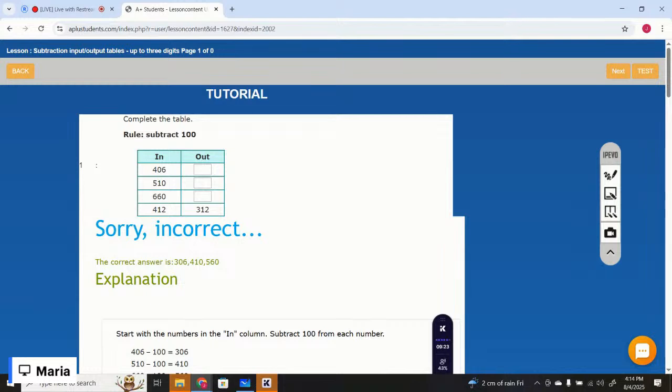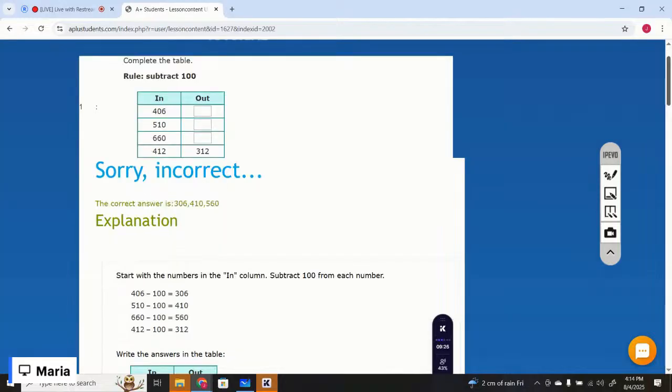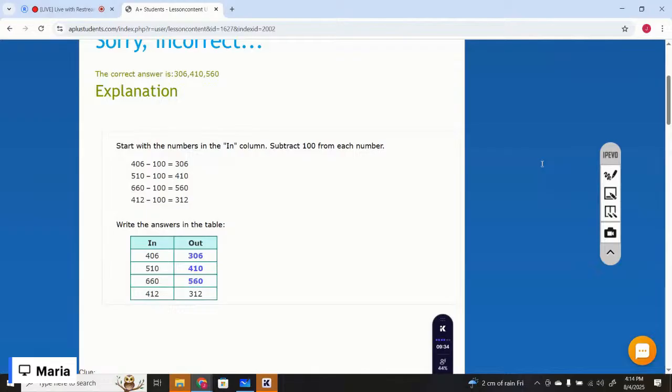So let's just subtract 100 out of every input value to calculate the output value. So 406 minus 100 equals 306. 510 minus 100 equals 410. 412 minus 100 equals 312.